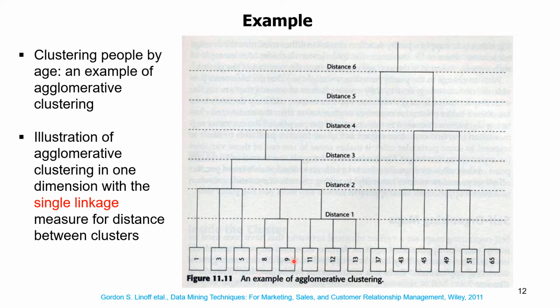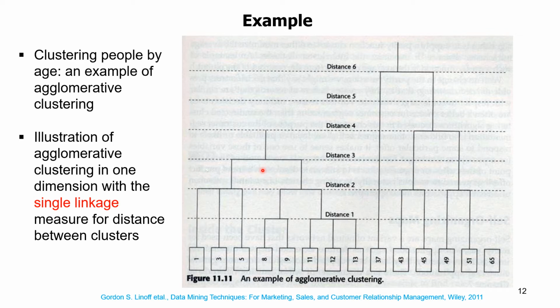So the distance between these two clusters is the closest one, 9 and 11, which is 2. So you merge here because their distance is 2. Here we have another distance 2, so 1, 3 is merged, and 3, 5 is also merged. So this whole thing becomes one cluster, and again you have a distance 2 here, we merge here, we merge here.